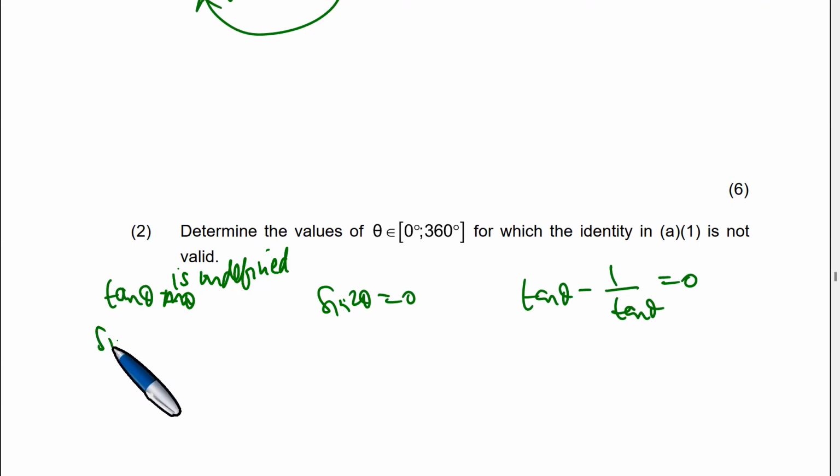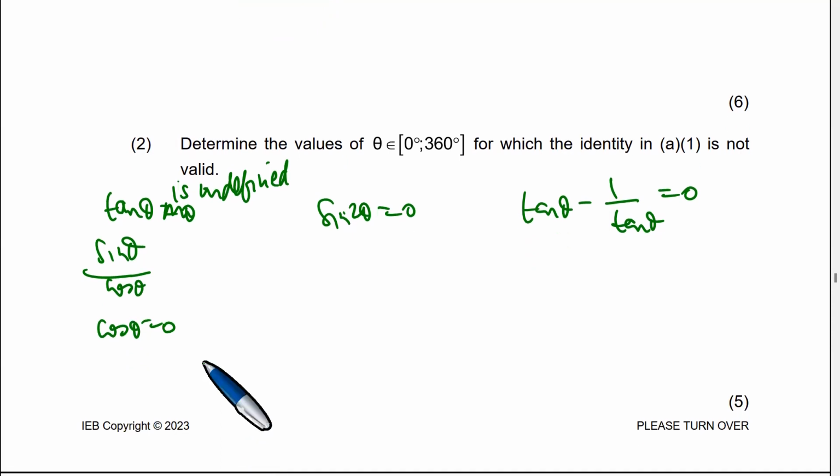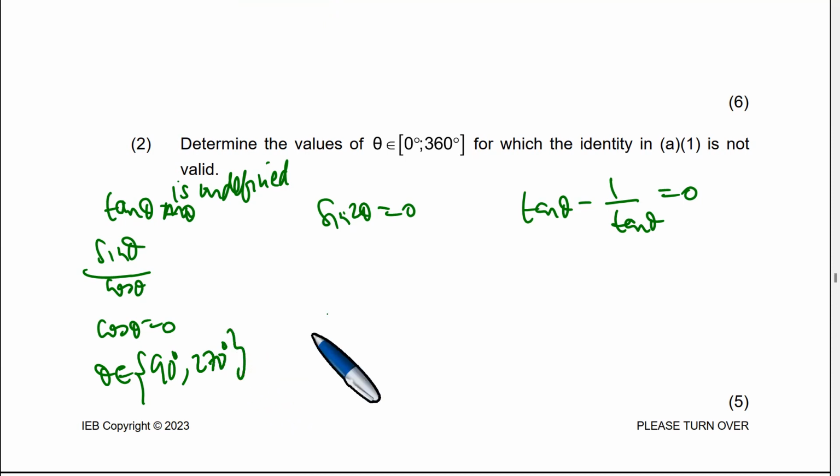The tangent is sine over cosine theta, and you're looking at where the cosine theta is 0. And that is going to be for theta, if you use arc cosine, 90 degrees and 270 degrees.